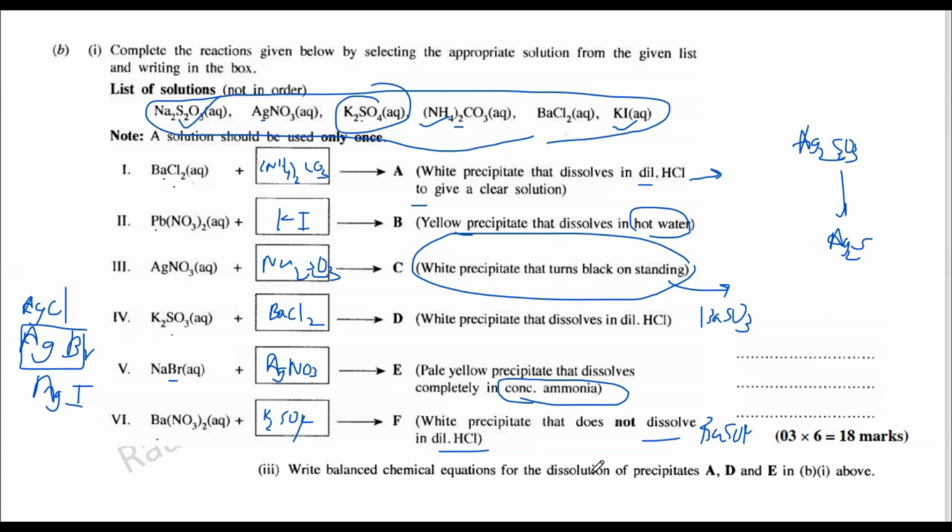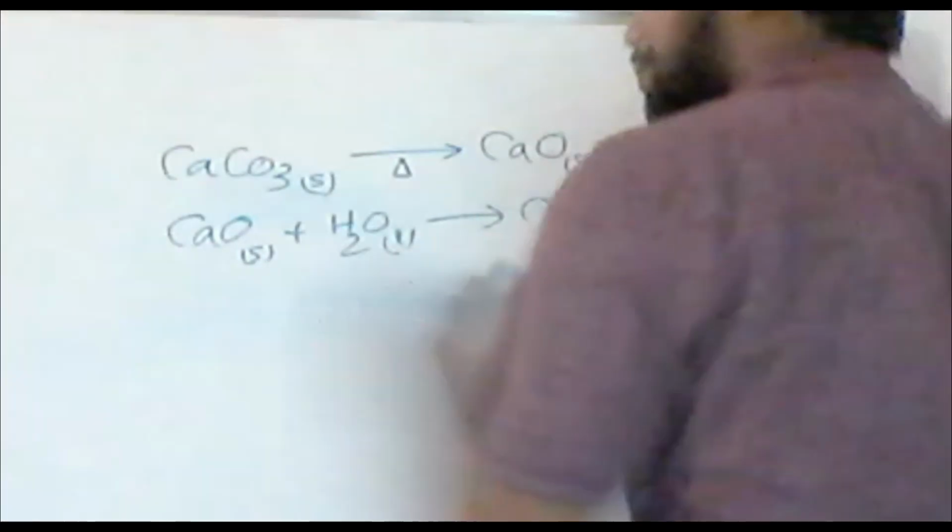Write balanced chemical equations for the dissolutions of precipitates A, D, and E. What is A here? It's barium carbonate. D is barium sulfite, and E is AgBr. So we will try to write these down.